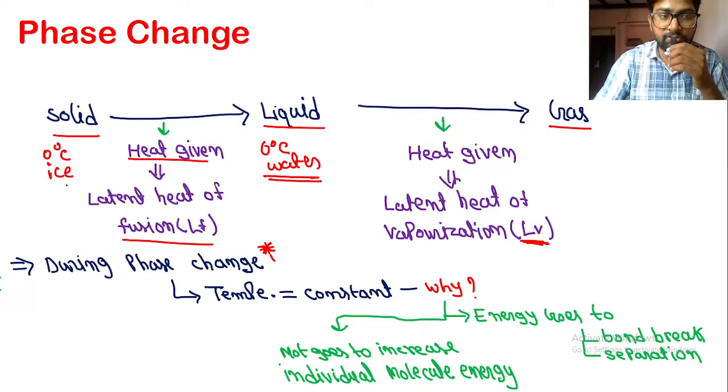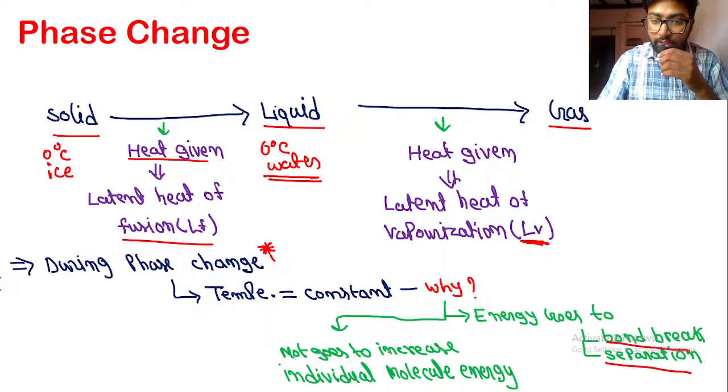Means temperature is constant. But why? Because whatever energy we are giving goes into bond breaking and separation, and that energy does not go to increase the individual molecular energy, which is responsible for increasing the temperature of the liquid.